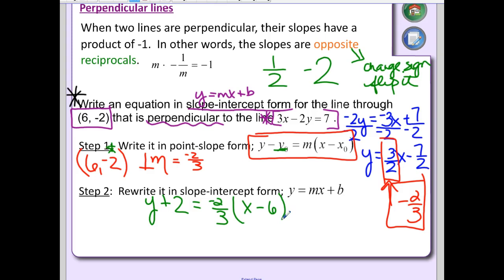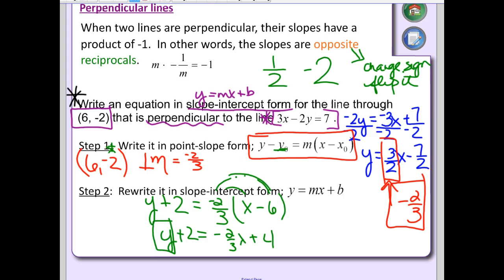Okay, now let's go ahead and take care of our distributive property. So we've got -2/3 times x is -2/3 x. -2/3 times -6, that's going to give me positive 4. And then we've still got this y plus 2 out in front. Okay, remember, slope-intercept form, I got to get y alone. So who do I need to move to get y alone?